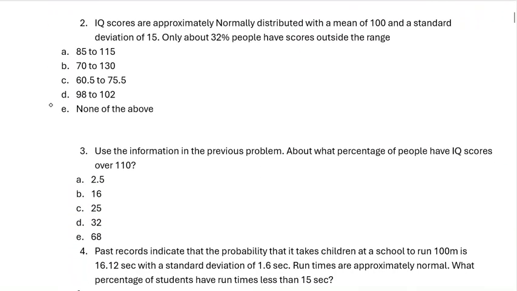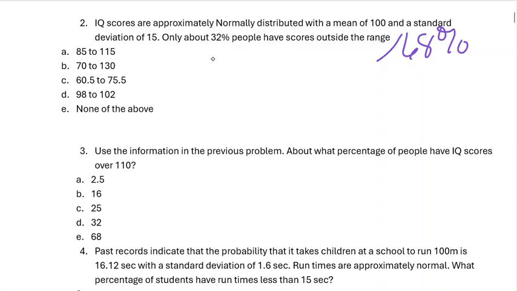So IQ scores are normally distributed with a mean of 100 and a standard deviation of 15. Only about 32% of people have scores outside the range. So to me, that means that 68% are between what range? So I'm going to do normal CDF to each of these things and see which one gives me 68%.